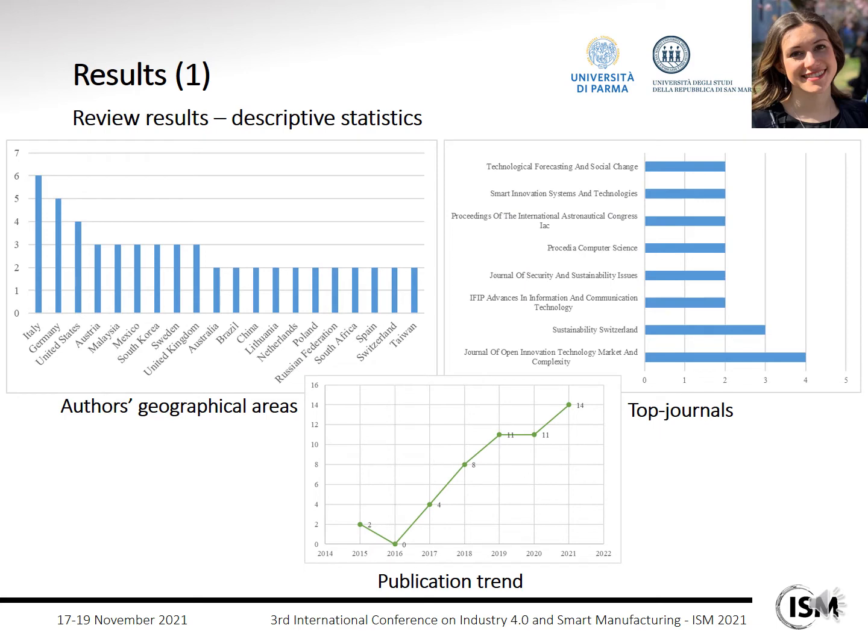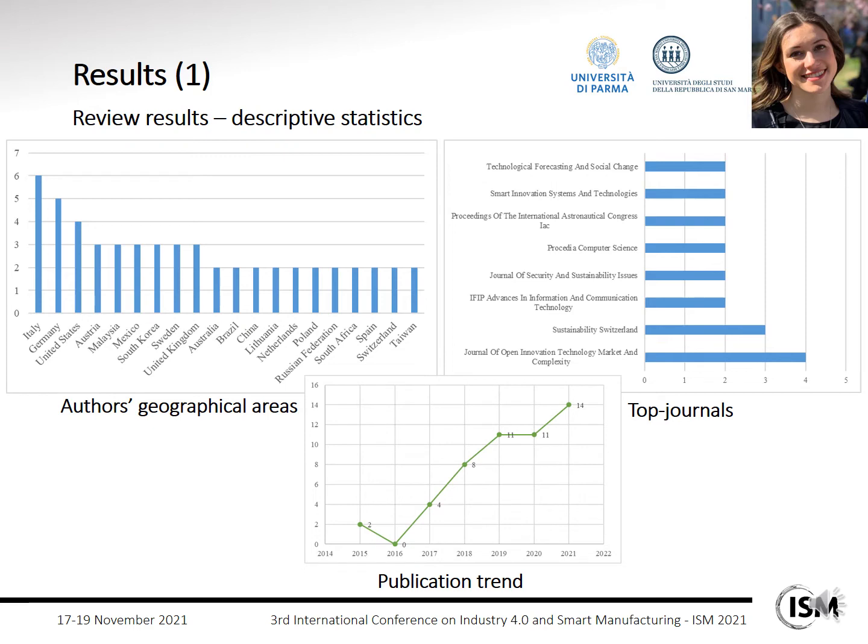Then I'm going to present the results of our analysis. At first I will present some descriptive statistics about the sample of papers that we included in the literature review. These statistics aim at delineating the trend of research, the top journals, as well as identifying the main authors' geographical areas.